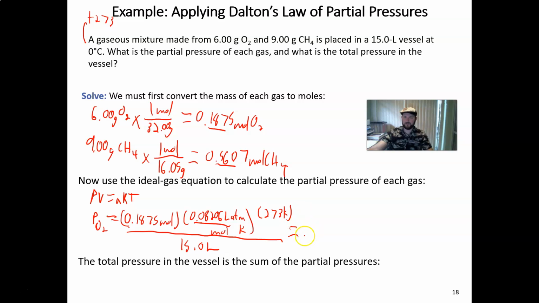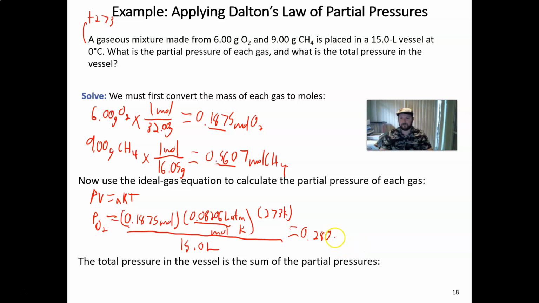So here we go. Doing the calculation, we'd have 0.1875 times 0.08206 times 273 divided by 15, and we get a value of 0.280. I will go to the correct number of sig figs at this point.